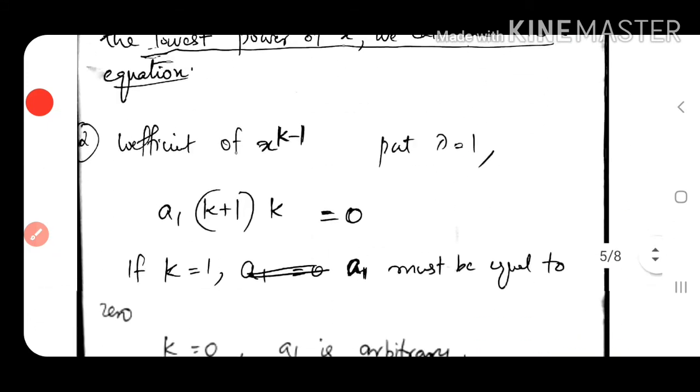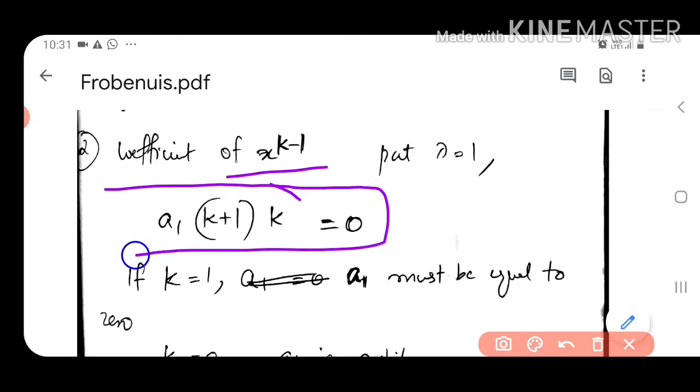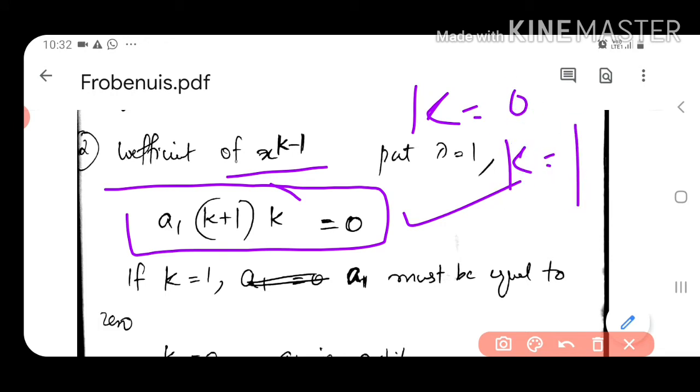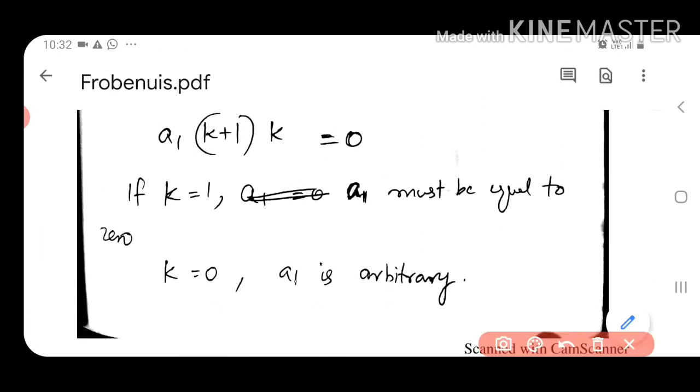So we have the coefficient of x to the power k minus 1 as a1 into k plus 1 into k, that is equal to 0. We know k can take value 0 or k equal to 1. When k is 1, this will be 2 and this will be 1, and a1 has to be 0. a1 must be 0. And if k is 0, a1 is arbitrary.